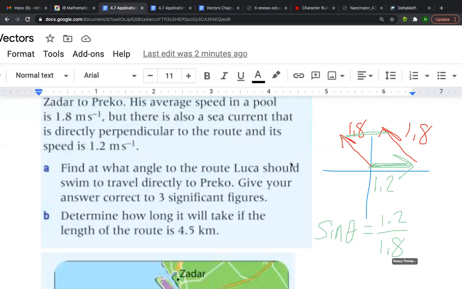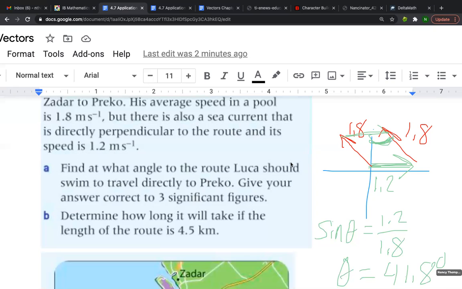We're just finding this angle up here. And so once you do, you should get that the angle is 41.8 degrees. So that's part A.